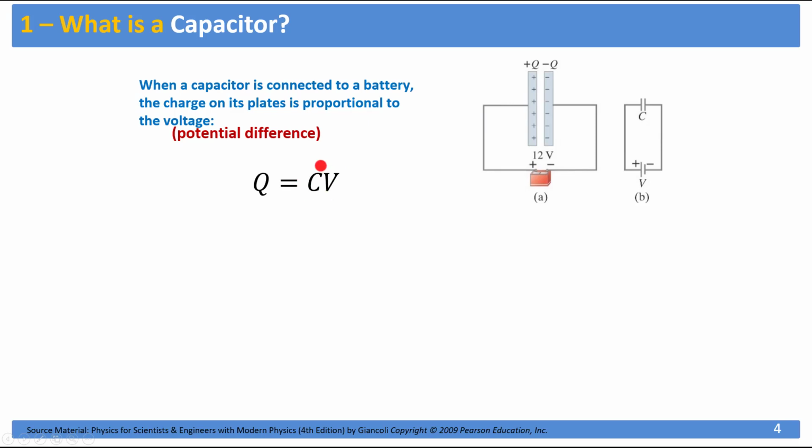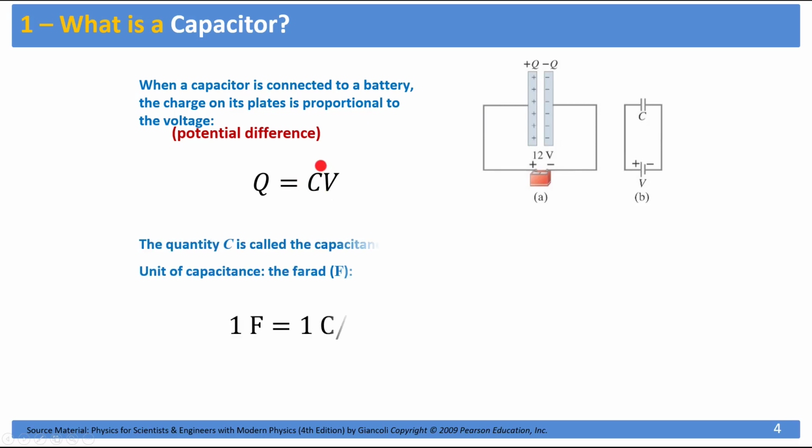This proportionality constant is called the capacitance of the capacitor, and it has the units of farad. 1 farad is nothing but coulombs per volt. The unit farad is actually a very large unit, and typically capacitors come with capacitances in the range of a couple picofarads to a couple thousand microfarads.